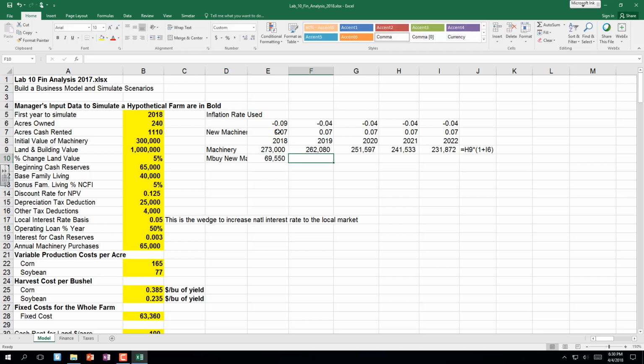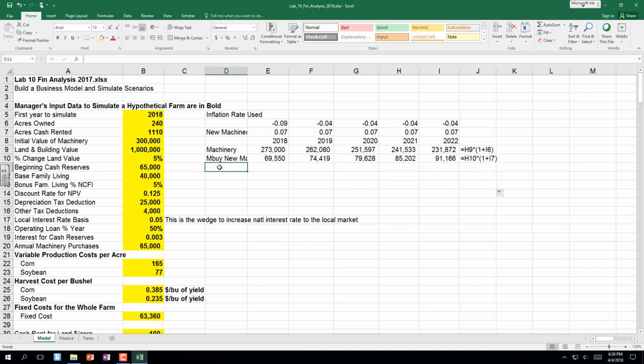So really, I might have thought I was going to spend $65,000, but that's in real terms. In nominal terms, I have to spend $69,000. So the next year, I've got $69,000 times references 1 plus this value up here. Everybody see that? So I got $74,000 that I actually have to spend to buy machinery that year.